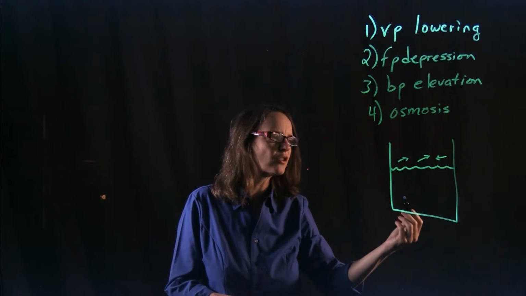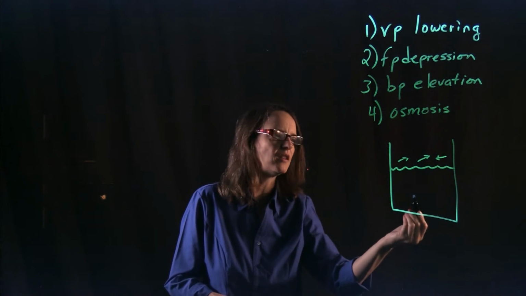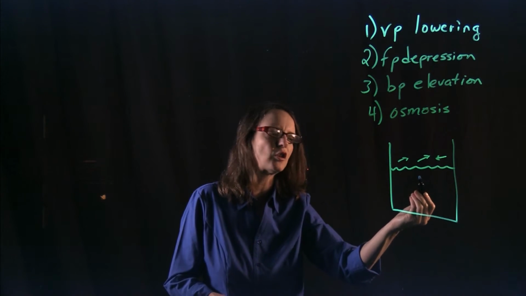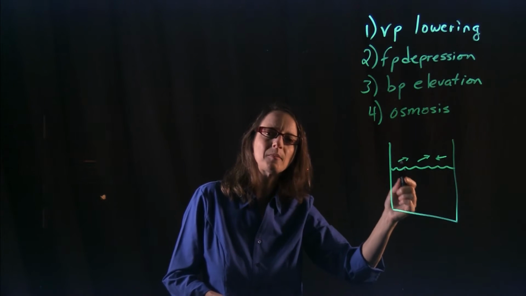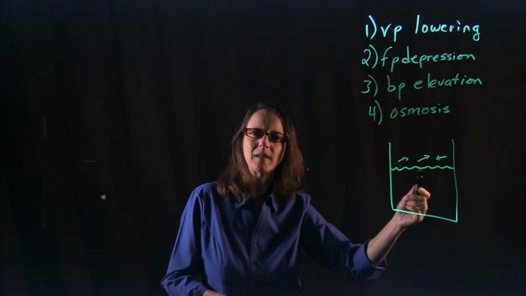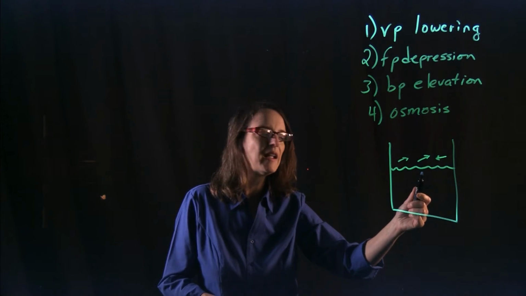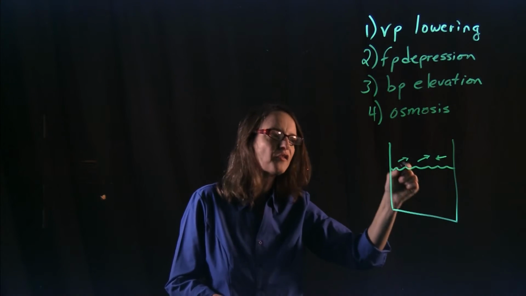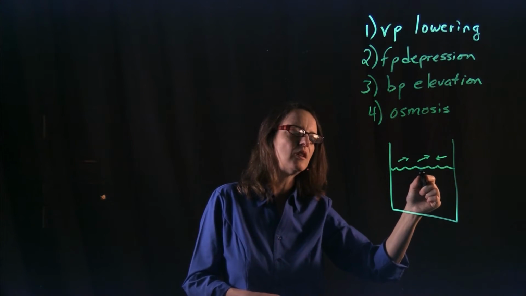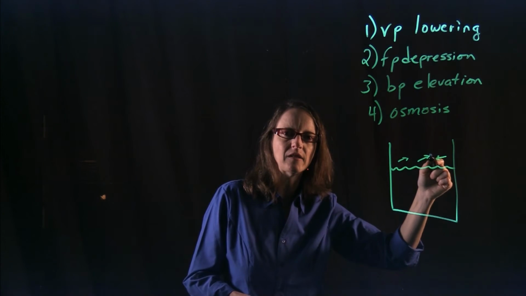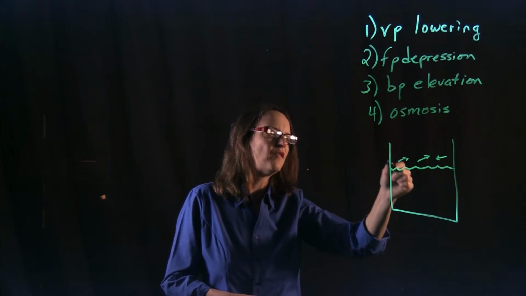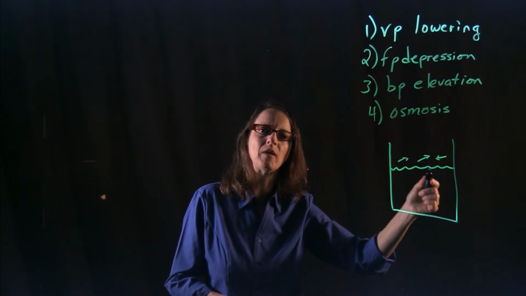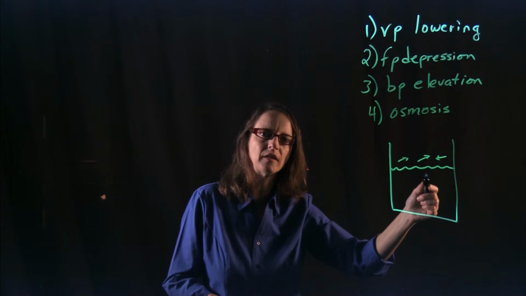In the case of a solution, you have solute dissolved in it, so on the surface of the solution, there are some solute particles taking the place of solvent molecules. In other words, there are fewer solvent molecules available to go into the gas phase. And that's why the vapor pressure of a solution is always lower than that of the pure solvent.